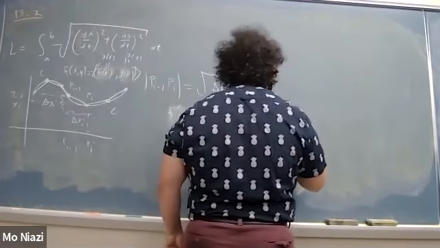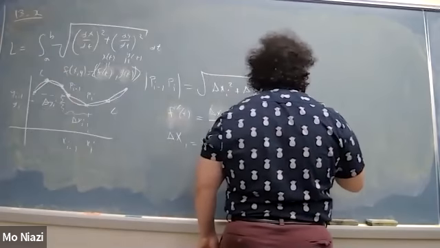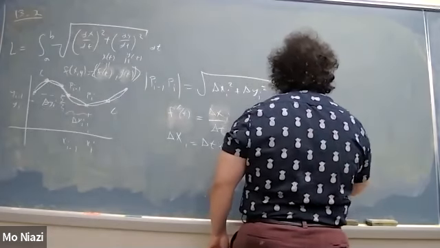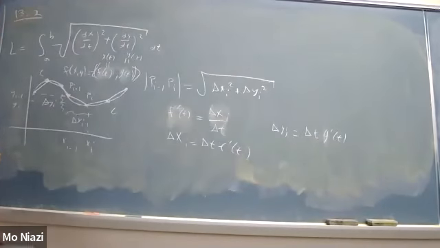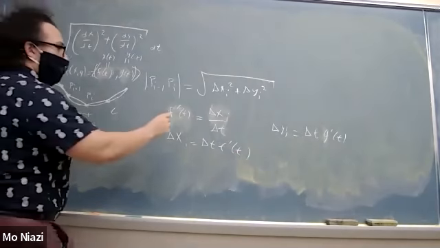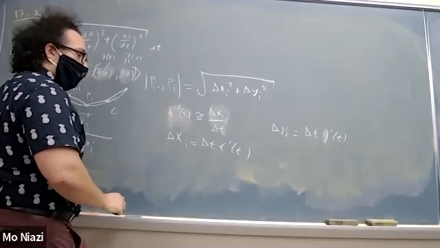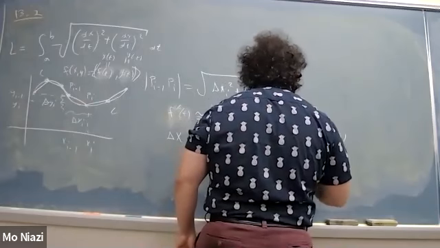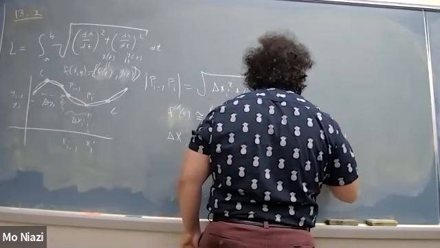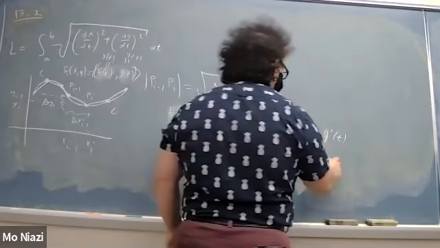And similarly, your delta y_i is going to equal delta t times g prime of t. Does that make sense? The derivative can be approximated like this. Actually, I need to say that it approximates like this, and that g prime of t approximates to change in y over change in t. And we put an i there.